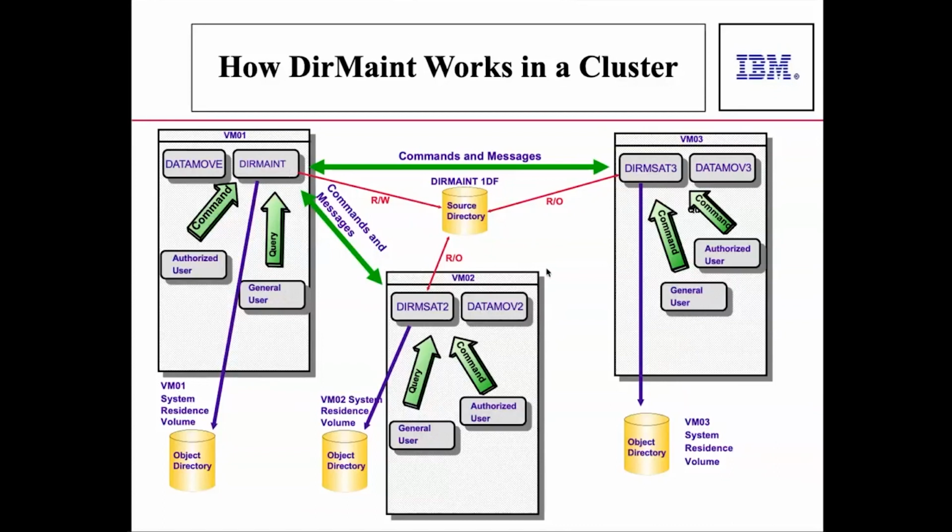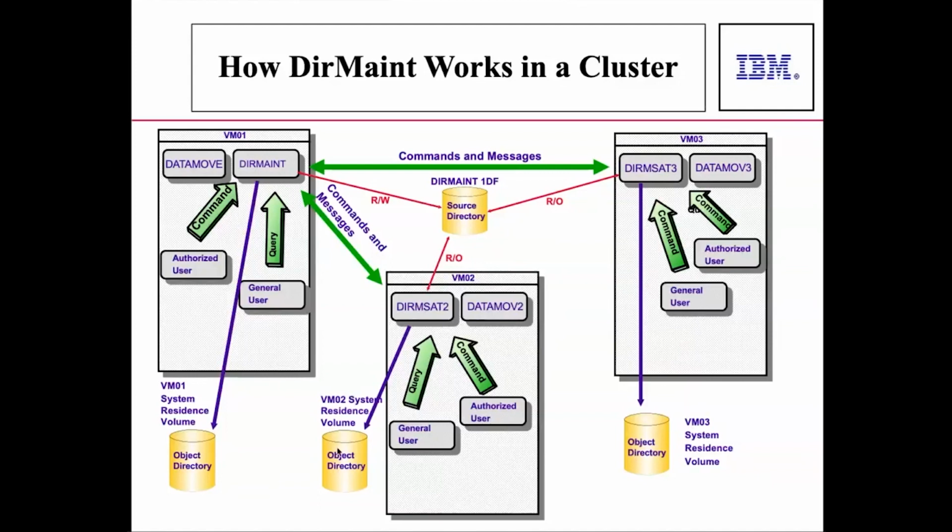So you can see that each system has its own object directory, and hopefully you're familiar with that from a general SSI cluster configuration, but there's only one source directory, and the DirMaint machine, wherever it runs, is the one that does those updates to the source directory. So from another member with a satellite server, if you ask for a source directory update, it's relayed to the DirMaint machine and he makes that update.